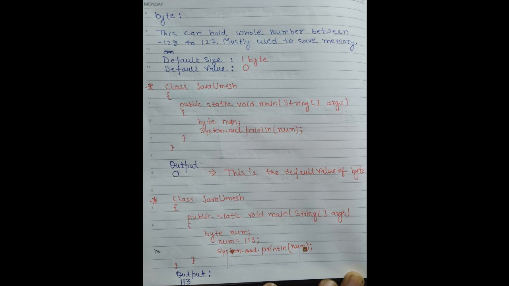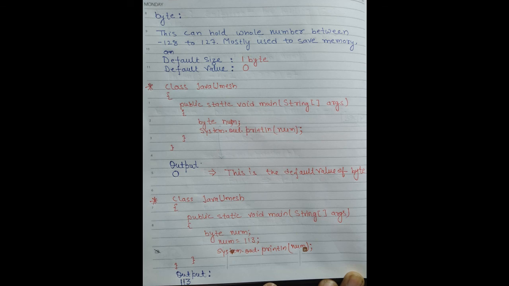Now we are going to explain this by means of an example. I have taken a class, then public static void main, String args. Sometimes we can write String args with brackets after it; if you want, you can also write String bracket args. This is supported by different versions of Java.